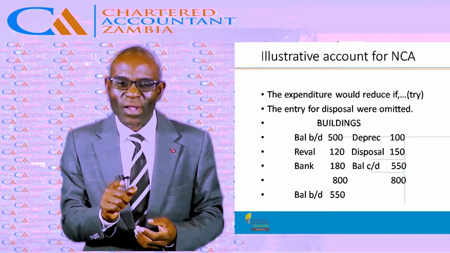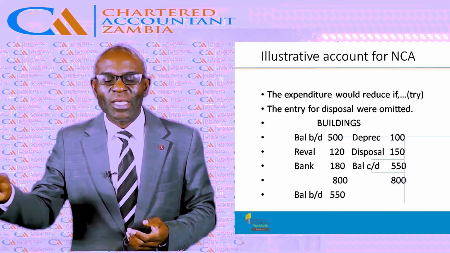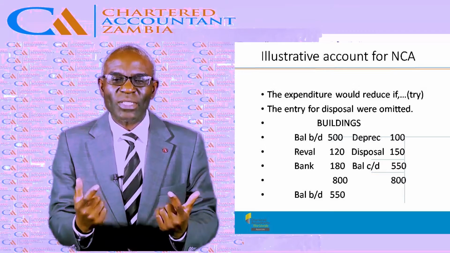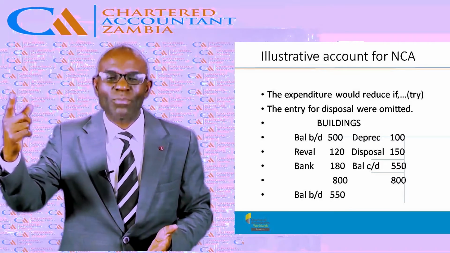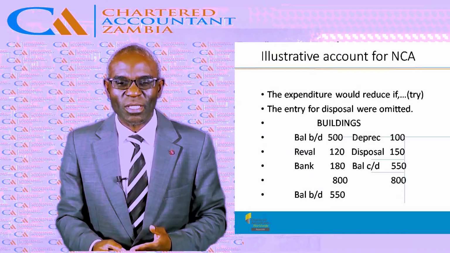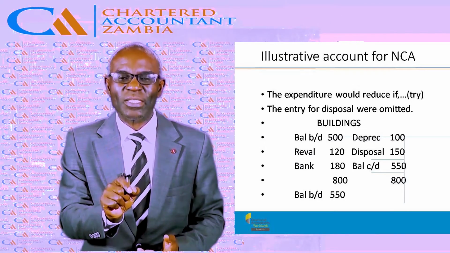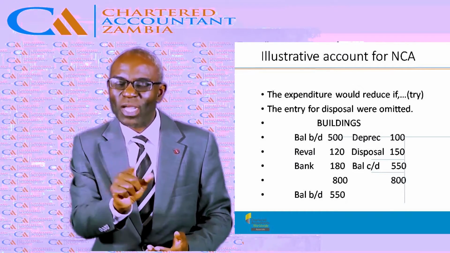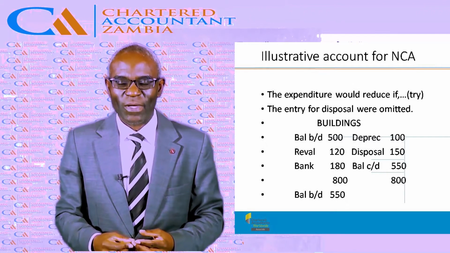If you make an error, the same revaluation amount, you put it on the credit side, it means the amount which will come out as spent on extending the building will rise further up to 420. So you can see the importance of putting amounts on the correct side, because the missing figure you are trying to find will turn out to be incorrectly affected.